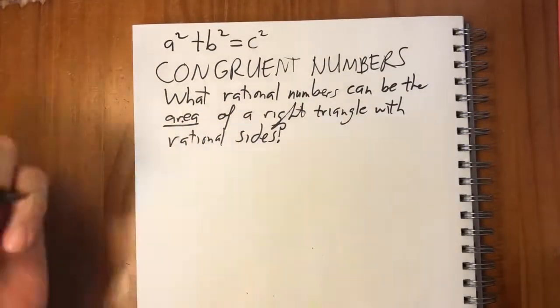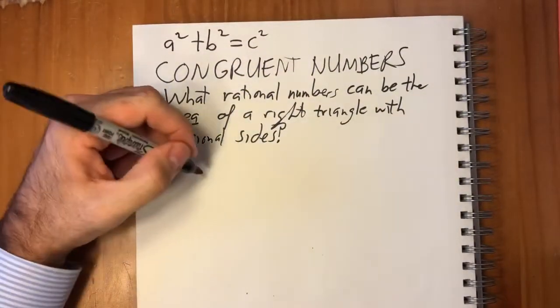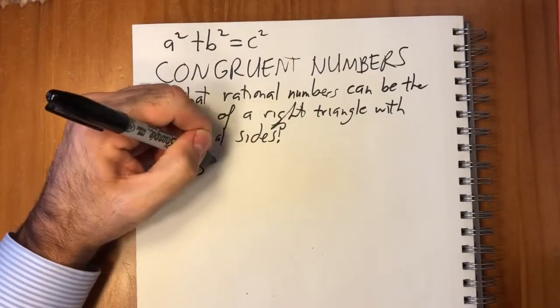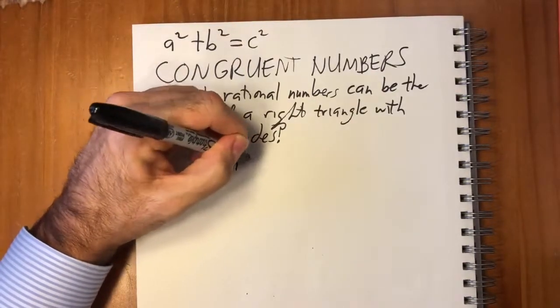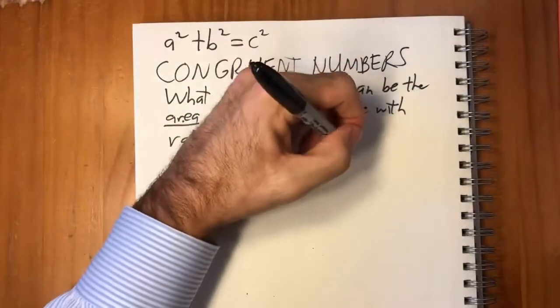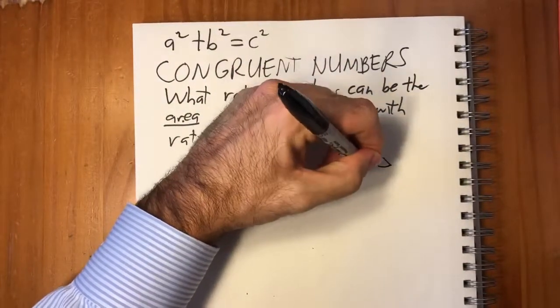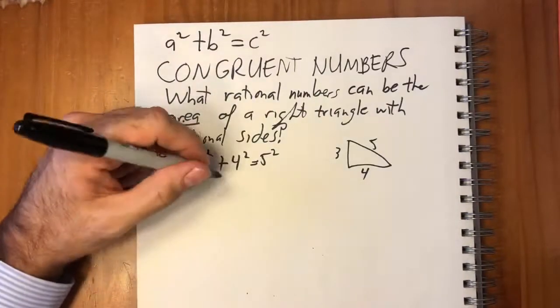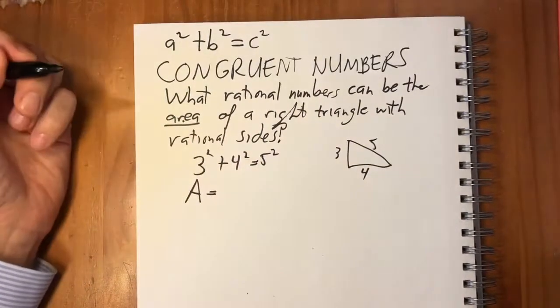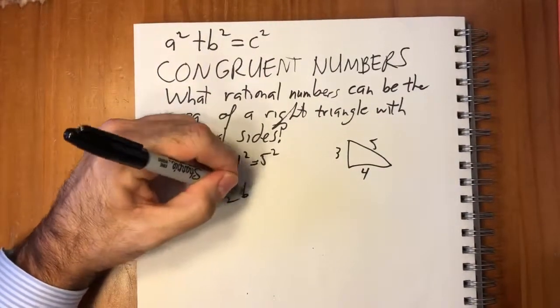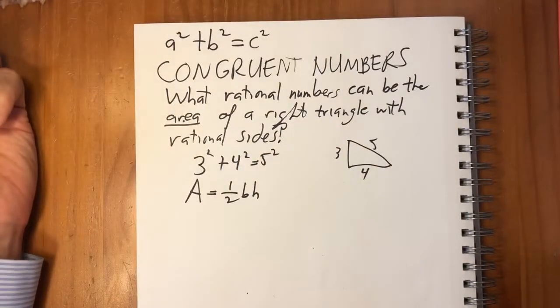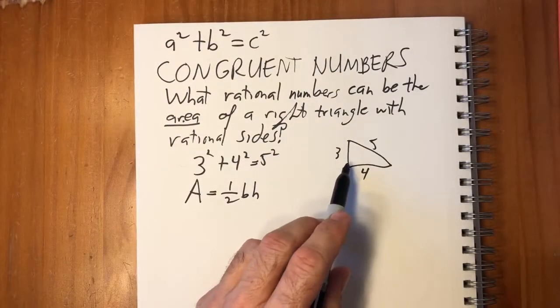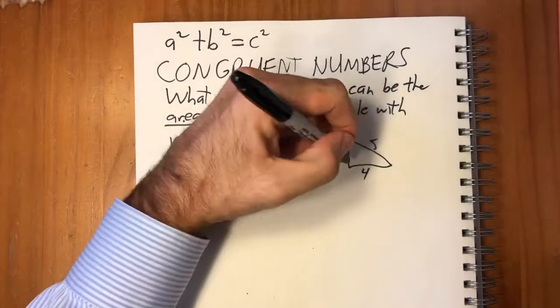So, for example, 6 is one, because we have our one answer, 3 squared plus 4 squared equals 5 squared, so the triangle 3, 4, 5. The area of a triangle is 1/2 base times height, right? How do we get that? The sides here are 3 and 4.